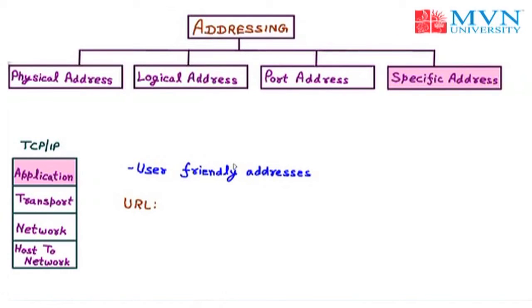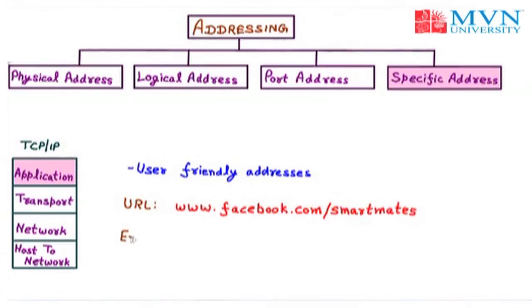An example of a URL is www.facebook.com/smartnames. It may also be any email address, for example ankit.verma.aquarius@gmail.com.